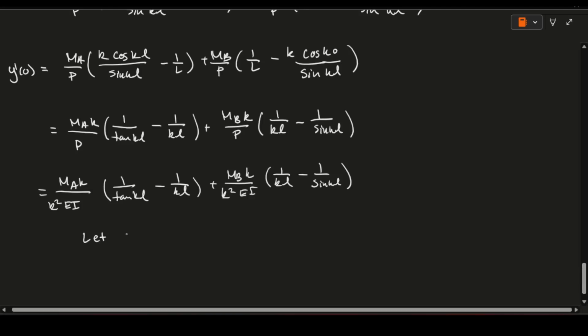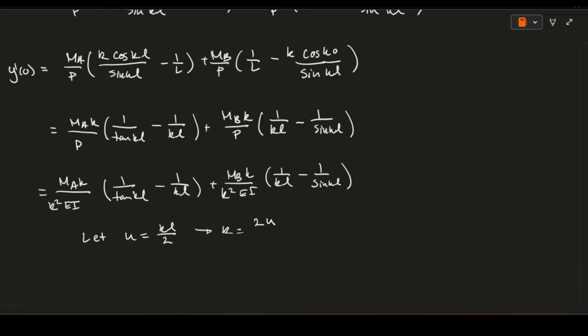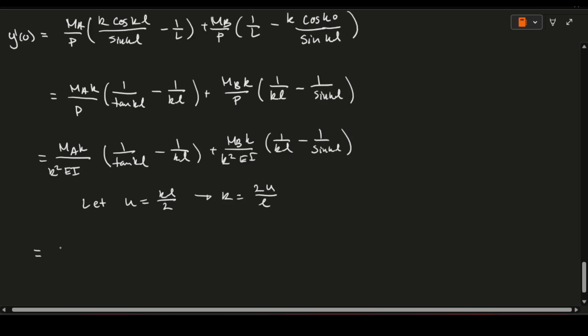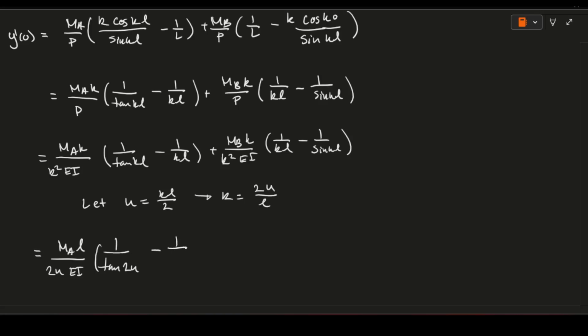If we let U equal to KL over 2 and also let K equal to 2U over L, we get MAL over 2UEI times 1 over tangent 2U minus 1 over 2U, plus MBL over 2UEI times 1 over 2U minus 1 over sine 2U.